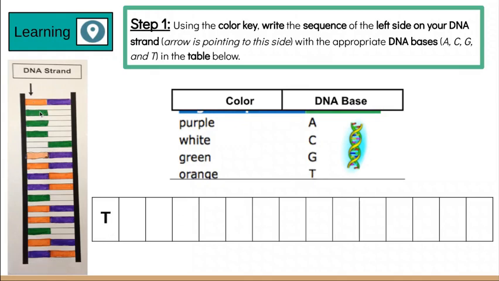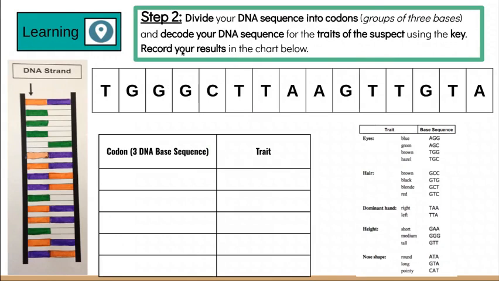Then I've got a green, which represents G, so I'd write G. I've got another green, so again a G, another green, so again a G, and then I've got a white, which represents C. So I would continue that process until I've decoded each of these little rectangles, which represent DNA bases, all the way down to the purple. So here is my final written out DNA strand.